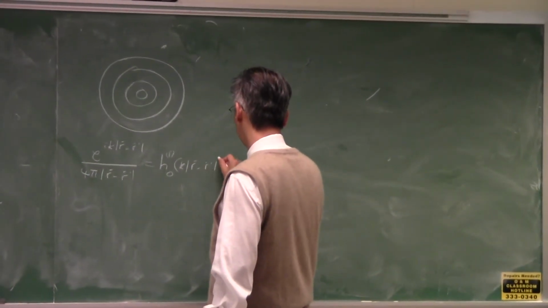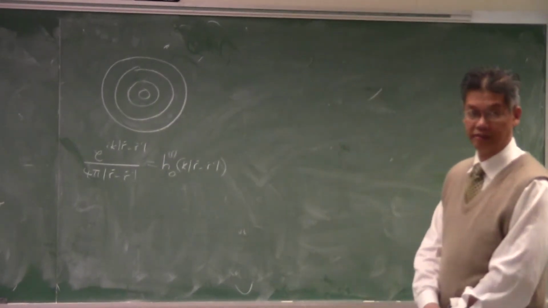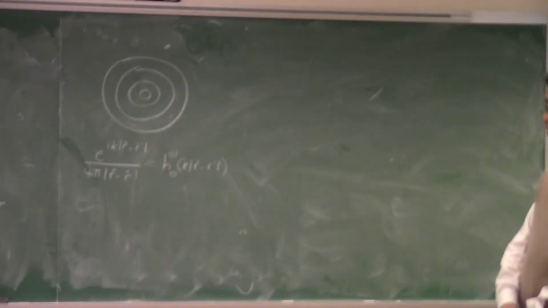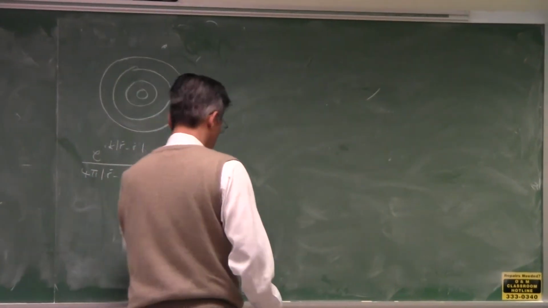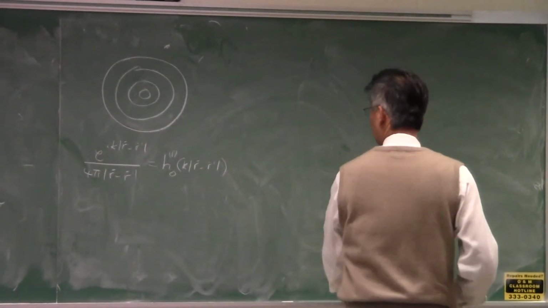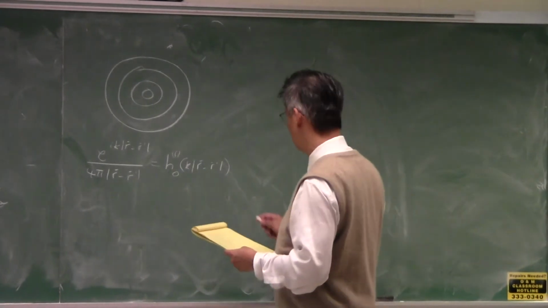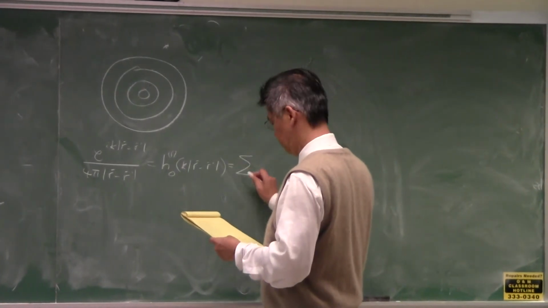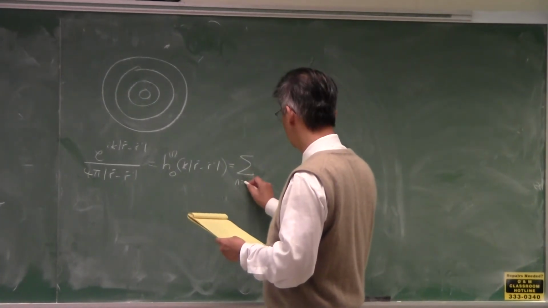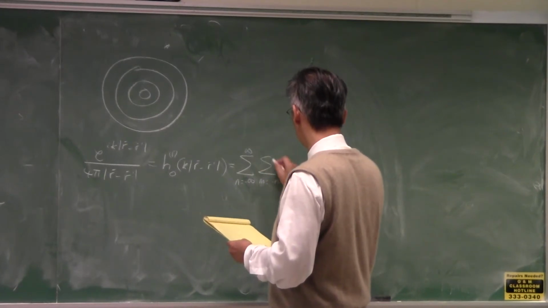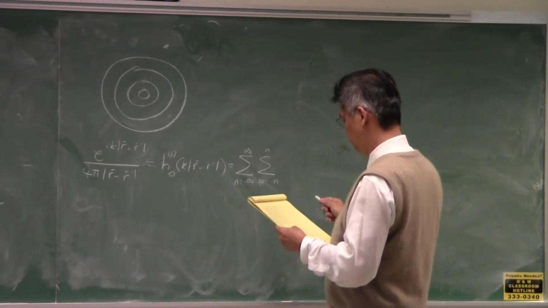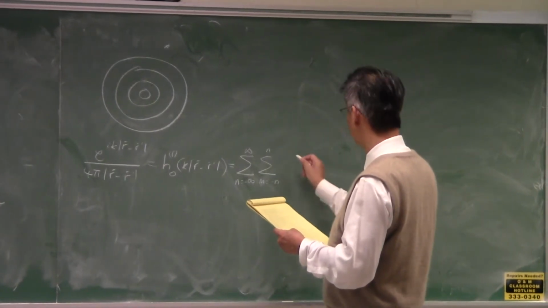That's why I say when things are in spherical coordinates, they are very simple. And you can go through the same procedure of expansion and so on, and then you can show that this is equal to a spherical harmonic function in this manner.